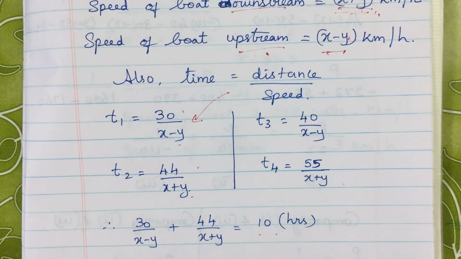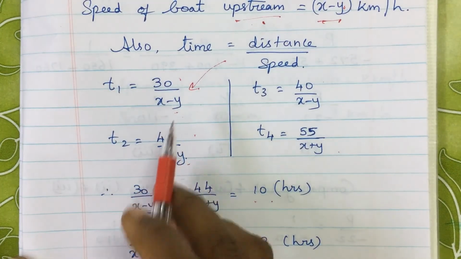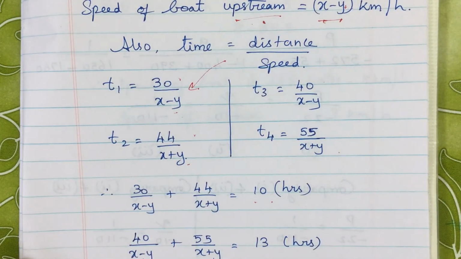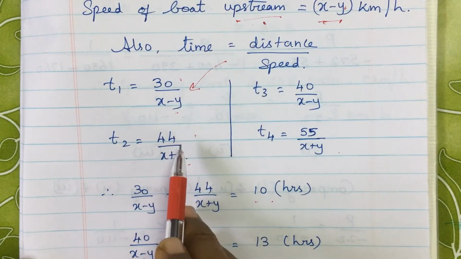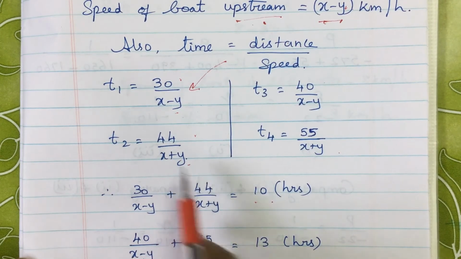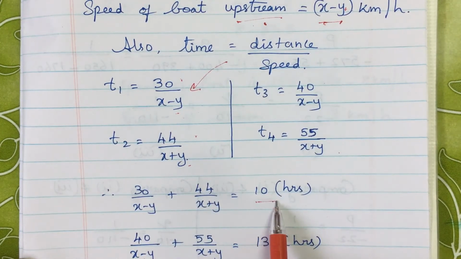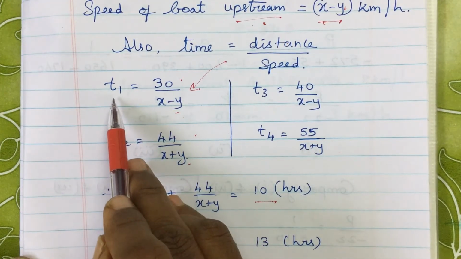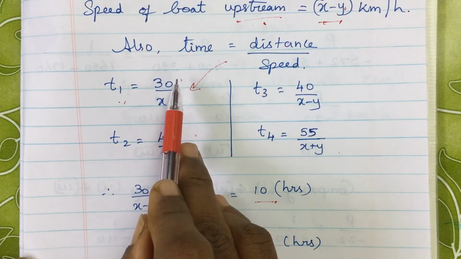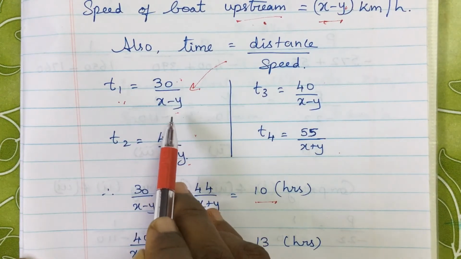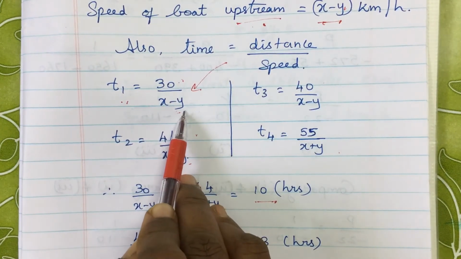So here what you should understand, so first statement what they have given in the problem, the boat is covering 30 kilometer upstream and 44 kilometer downstream within a time span of 10 hours, right? So first you have to find out what is the time taken for the boat to cover this 30 kilometer with upstream movement, right?